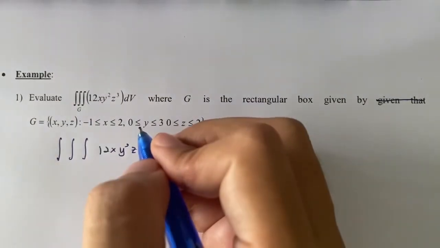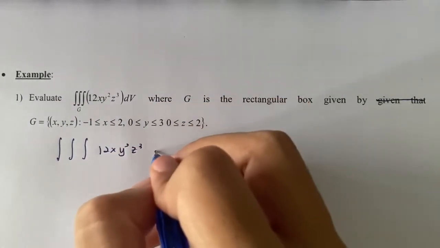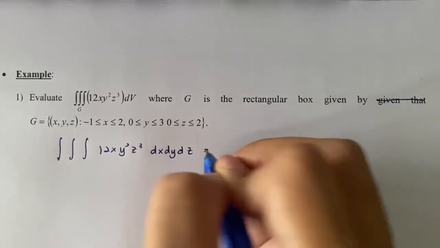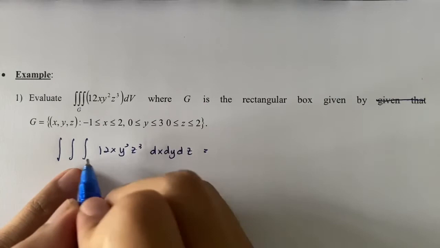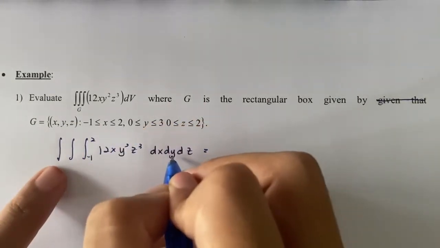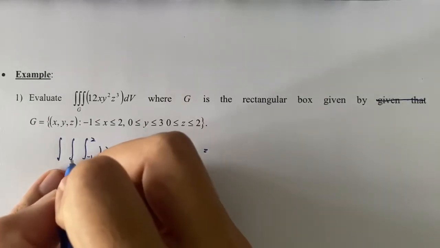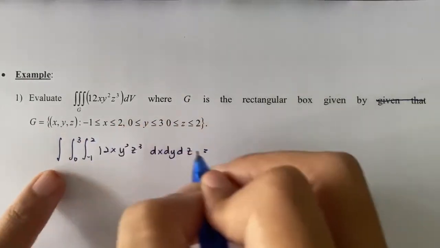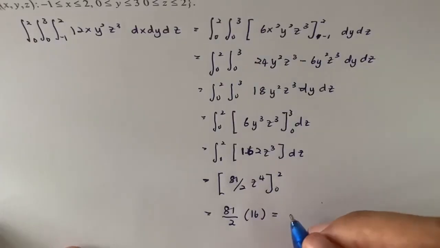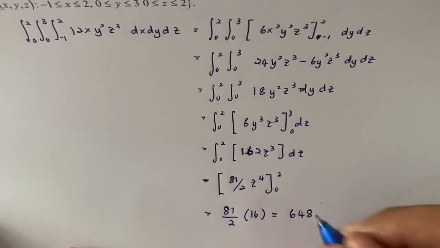Let's say for dV, I want it to be dx, dy, and dz. So I must write the x limit first, inside, -1 to 2. Continue with the y limit 0 to 3, and the last one is for z, limit 0 to 2. This is equal to 648.